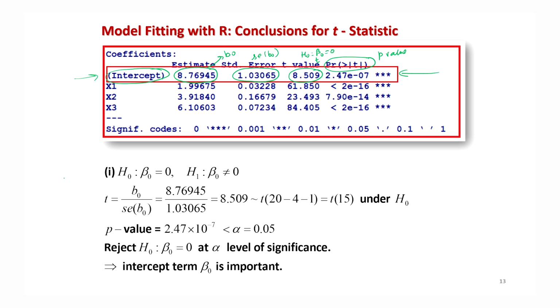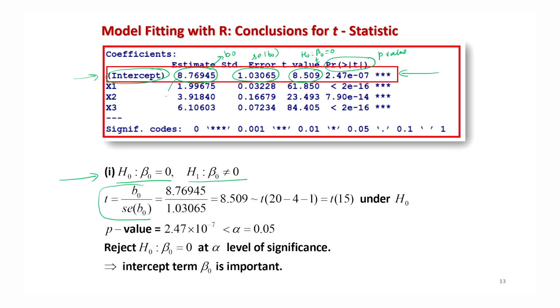I have explained that my null hypothesis is H naught beta 0 is equal to 0, and my alternative is H1 beta 0 is not equal to 0. Now I create a t statistic, which is the value of b0 divided by the standard error of b0.